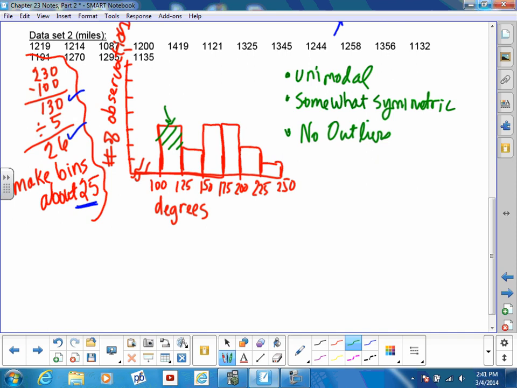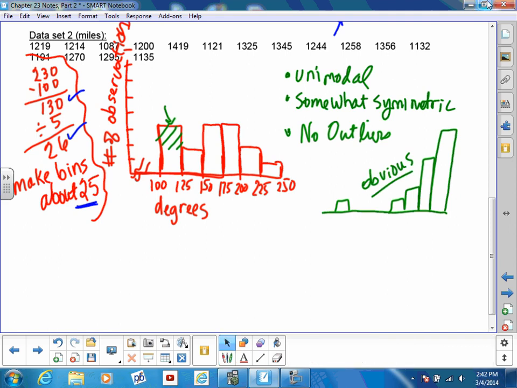You will have something very blatantly obvious that will be wrong. Something that might look like this, and then you even have an outlier over here. Something like that will be made obvious to not work. So if you're not having something too crazy, maybe a better bin width would have made it nice for you.